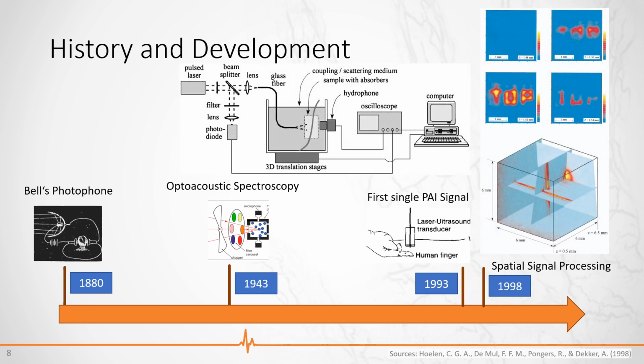This was achieved by rastering over a sample. In the experimental setup, one can see how the sample is moved by the 3D translation stages. Nowadays, usually the laser and the ultrasonic receiver are moved instead.